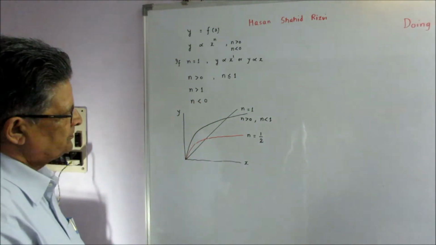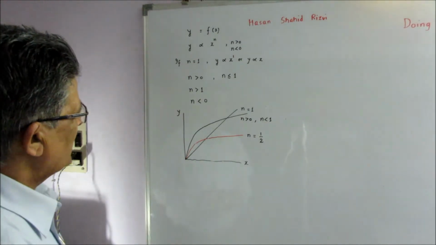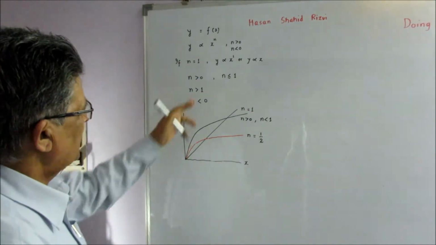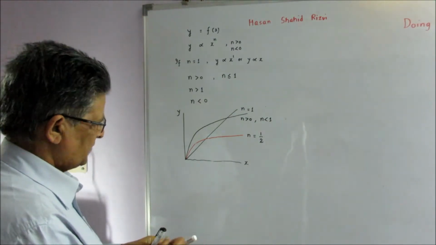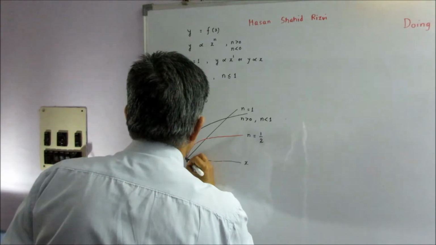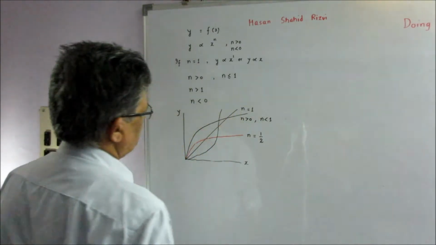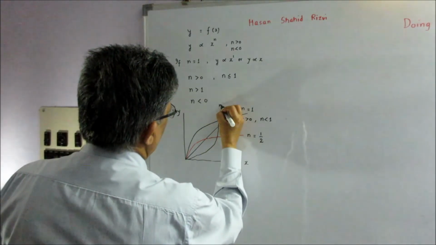If we instead make the value of n greater than 1, and for example I make it n equal to 2, n is equal to 2.